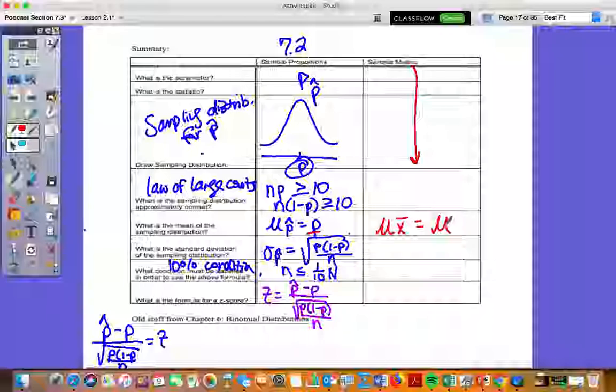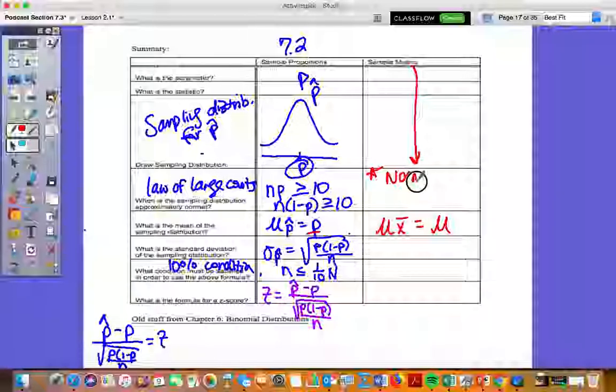Claudia? And then for the one above it, is that the central limit theorem? Great job. This is the central limit theorem, and in the C, I put CLT. First off, it is normal if what?